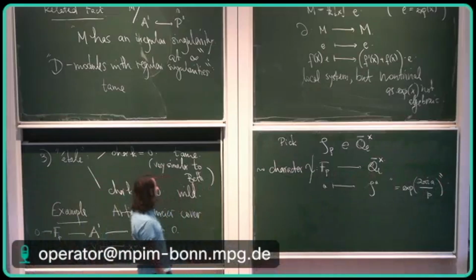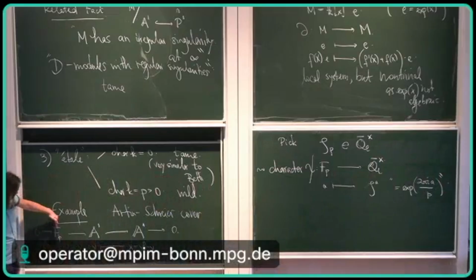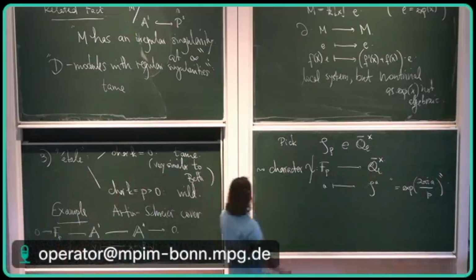And then you can do a push out of this extension against Q bar cross, and then get some kind of Q bar cross torsor, or in other words, a Q bar local system.